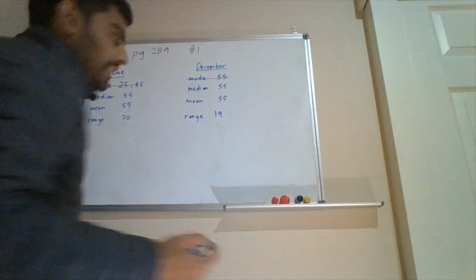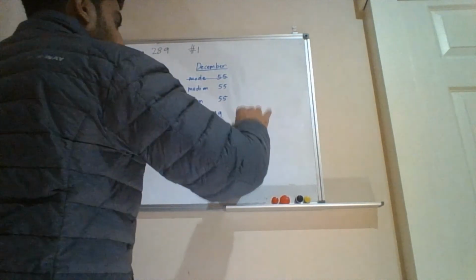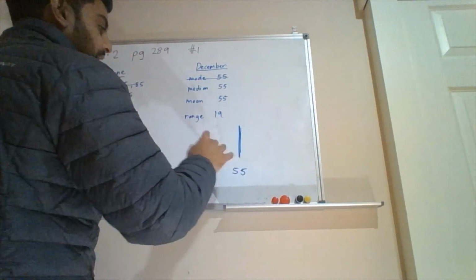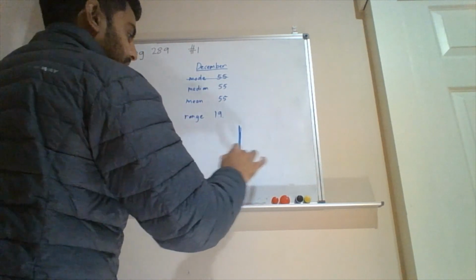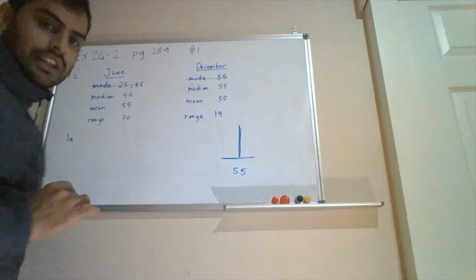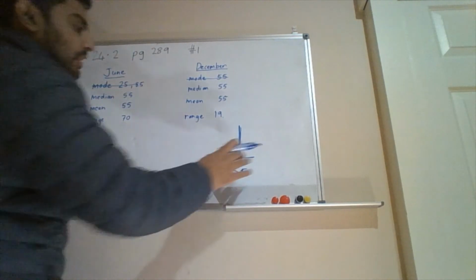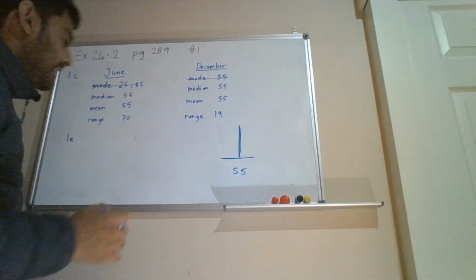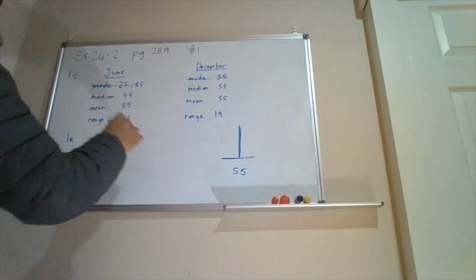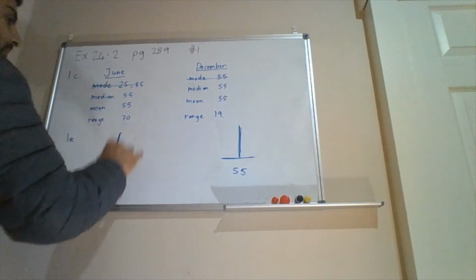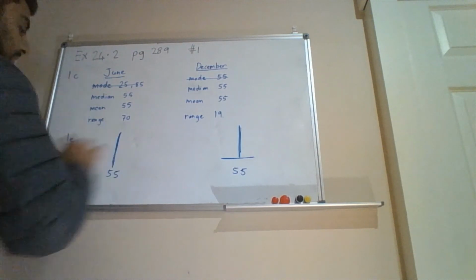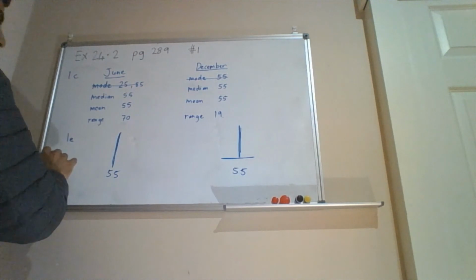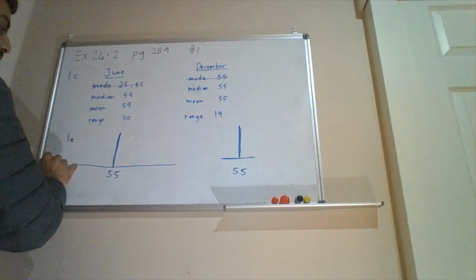So just to understand this pictorially, if this is our measure of central tendency at 55 and we have a relatively small range of 19, that means that most of the marks are centered around the pass mark of 55. However, if we look at what's happening in June, and this is our measure of central tendency at 55, our range being 70 means it's very wide.